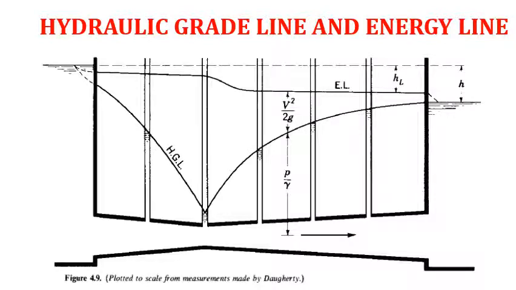So the energy line should be horizontal, starting from the initial energy of the particle possessed by it, but the energy line would drop because of the energy losses due to friction, which are represented with this head loss HL. So this will be the actual energy line.